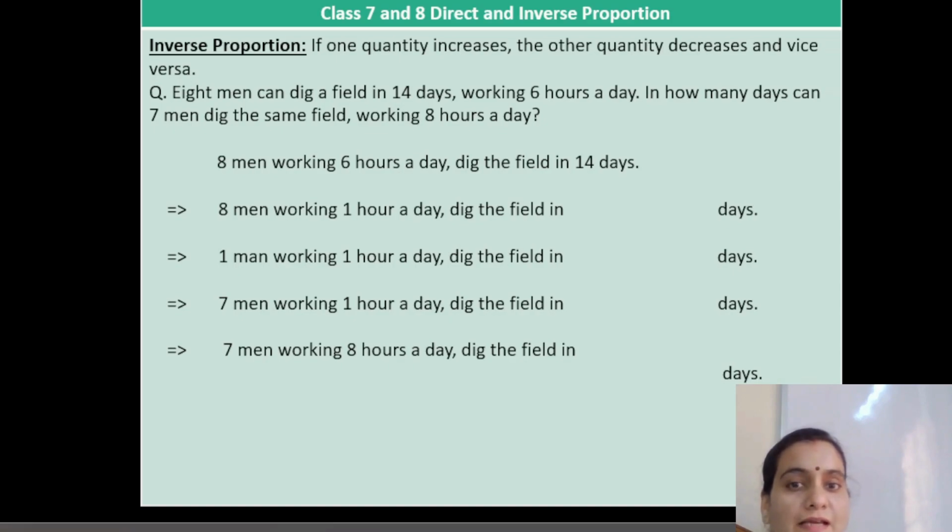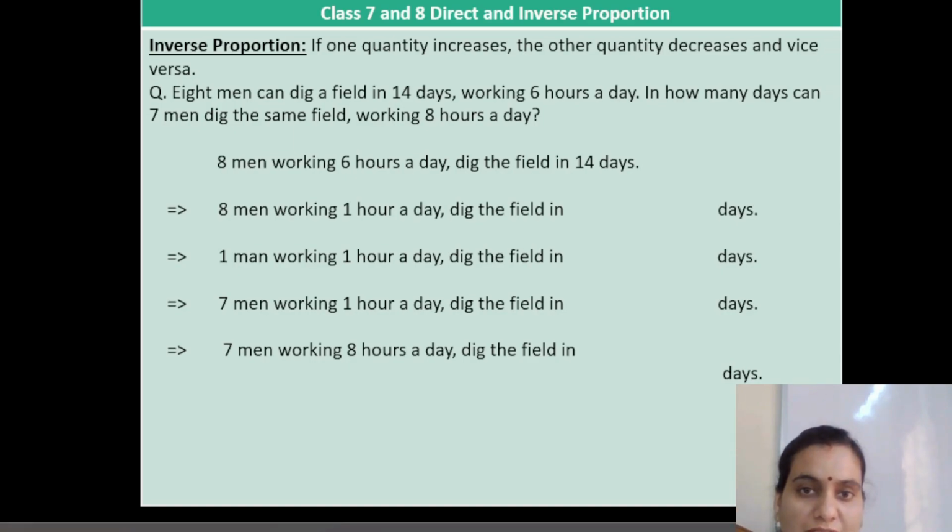Then we will see how much time 7 men will require to complete the same work, I mean digging the field, if they are working for 1 hour a day. Then again from there we will build on it. We'll try to find out 7 men working for 8 hours, not 1 hour now, 8 hours. How much number of days will they require to dig the same field? So this way we can just first divide and then build on it to reach our final answer.